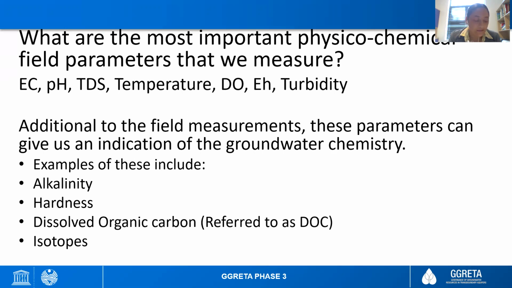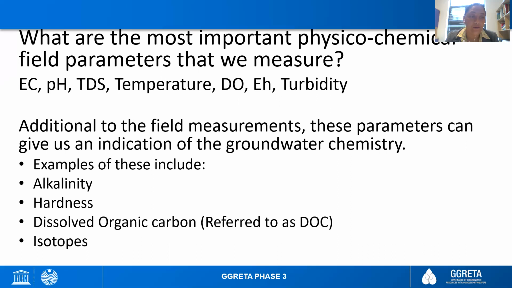So these indicators can give you an idea of, if you were in a sedimentary basin for example, where about you are, looking at your dissolved oxygen, your total dissolved solids, your pH and EC. They can also give you an indication of pollution.